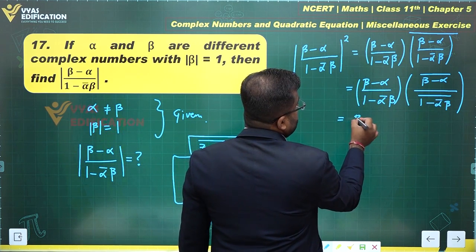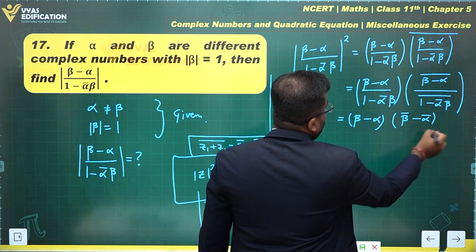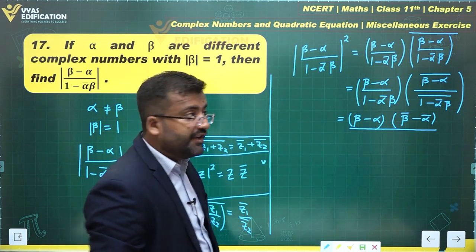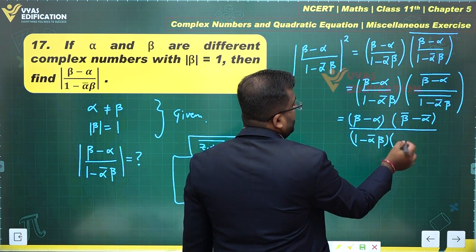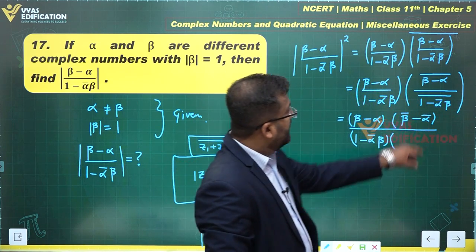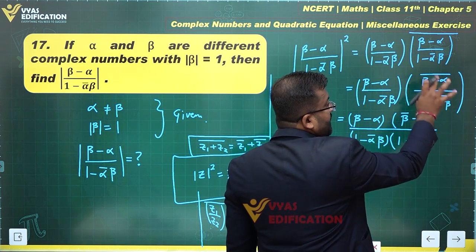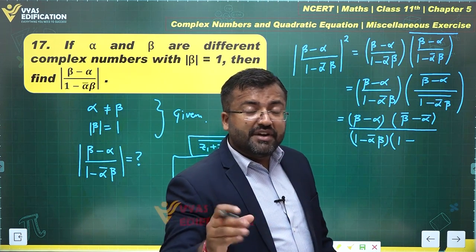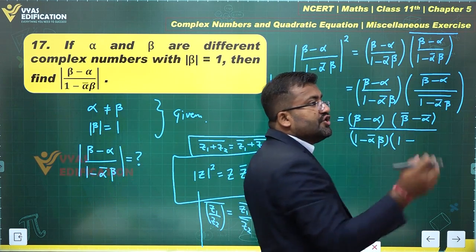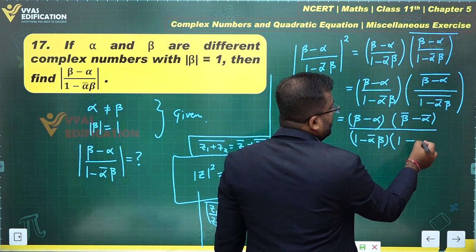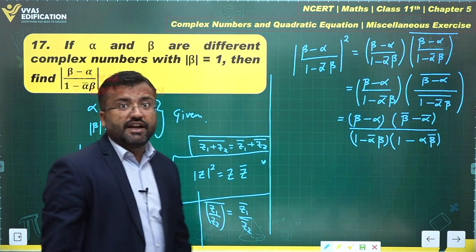The numerator is beta bar minus alpha bar. In the denominator, I already have 1 minus alpha bar beta, and this becomes 1 bar, which is 1 only, minus alpha bar bar. Alpha bar beta whole bar would be alpha bar bar, that is the conjugate of alpha, which is alpha only, and beta conjugate would be beta bar. This is what I'll be getting.